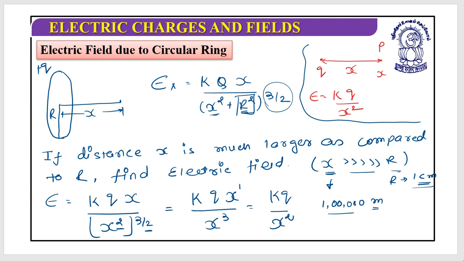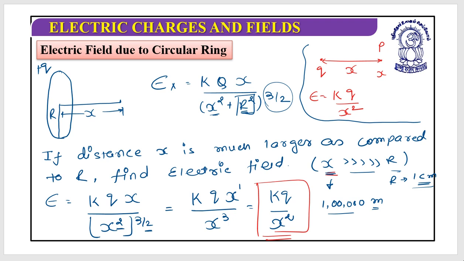Is it the same thing? Don't you think so? So that means if you are observing a very far point on the axial distance, it would have the same result. As a result, if I have a point charge and I require an electric field at that point, can you get it? Are you sure?